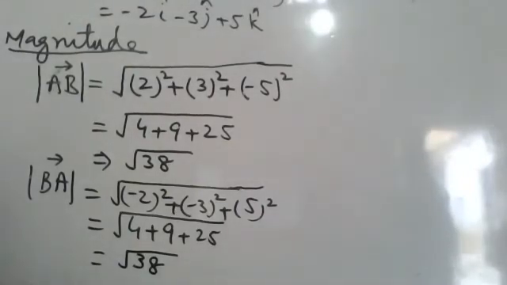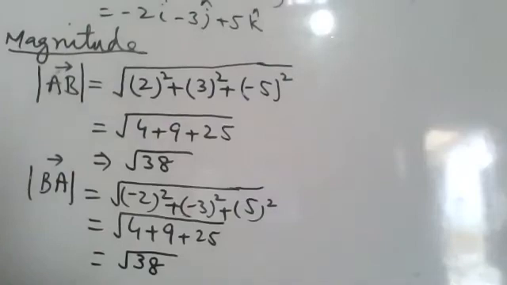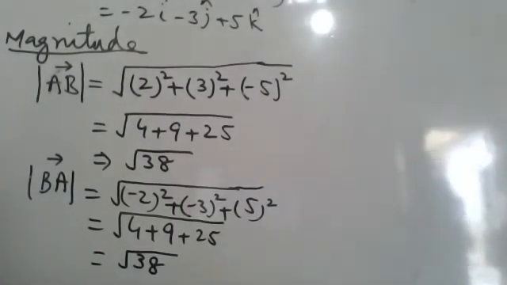What is the direction cosine? Direction cosine is the cos of the angle with the respective axis. With the x-axis it will be cos alpha, with the y-axis cos beta, and with the z-axis cos gamma. If we are asked to find the direction cosines, we will find cos alpha, cos beta and cos gamma only.